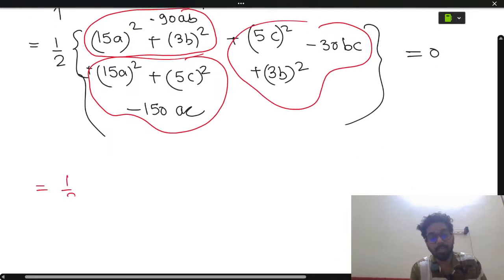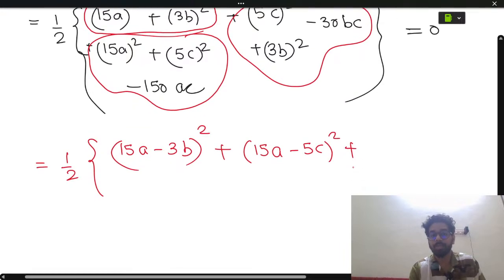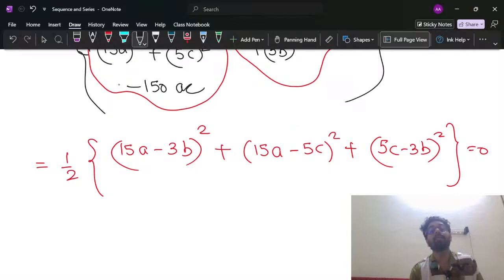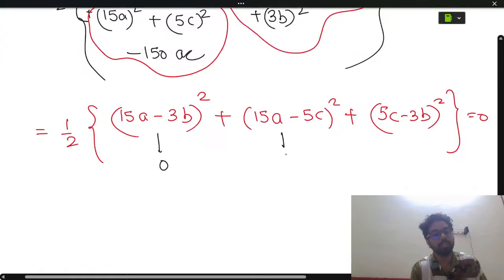So this becomes 1 by 2 times of 15a minus 3b whole square plus 15a minus 5c whole square plus 5c minus 3b whole square is equals to 0, which means if square terms added up to 0 means each term is equal to 0. So this is 0, this is 0, this is 0, right?